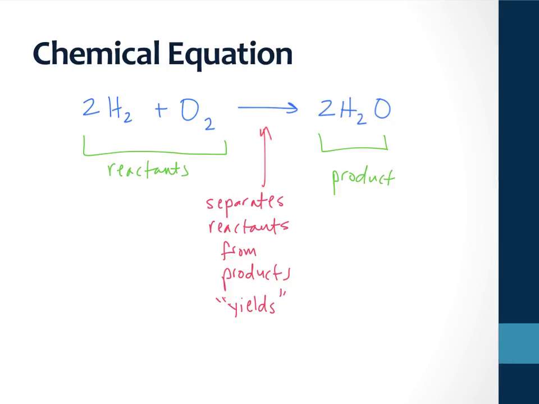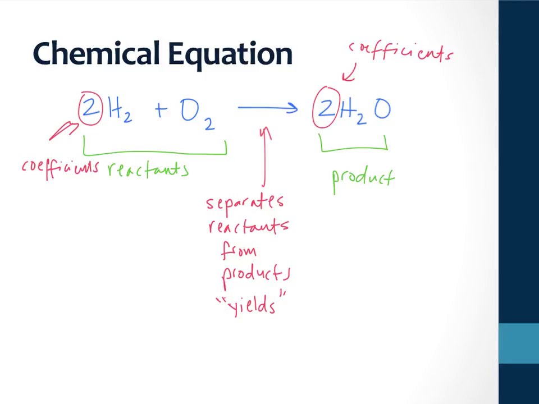Alright, next, we have these things over here, and over here. So these over here are the coefficients. They represent pretty much the number of moles you need of this substance to react.